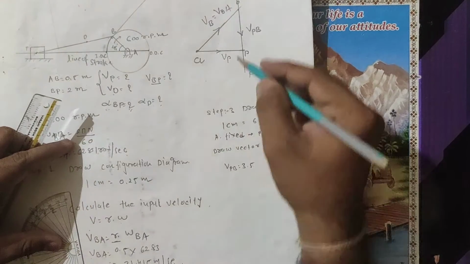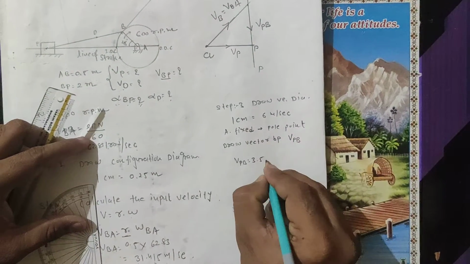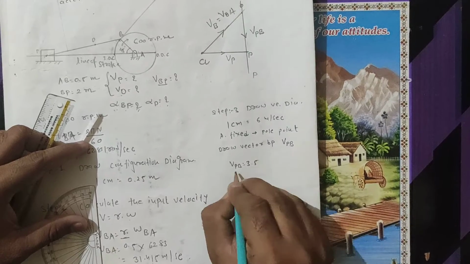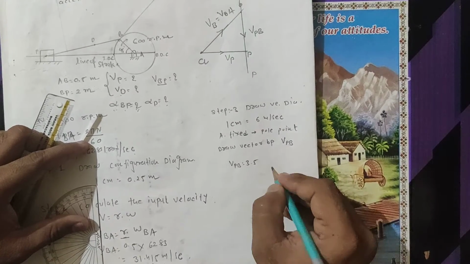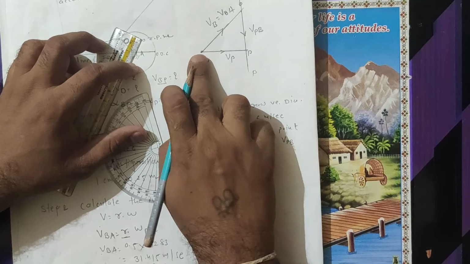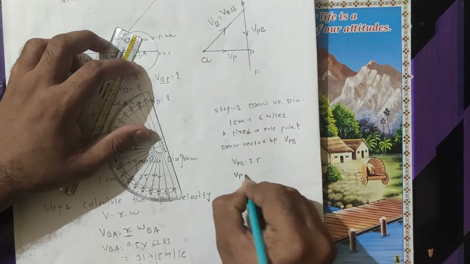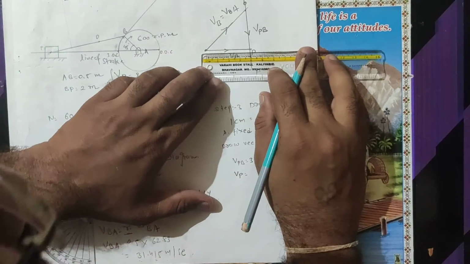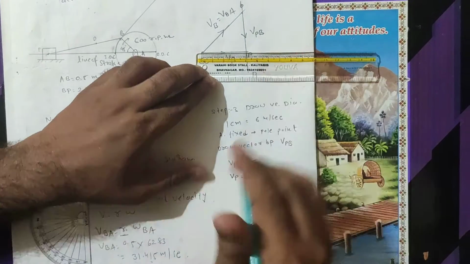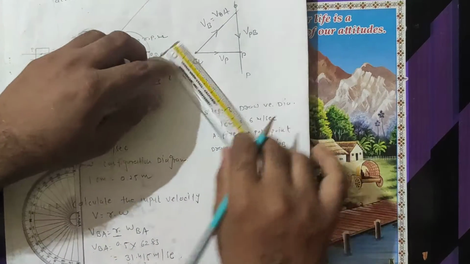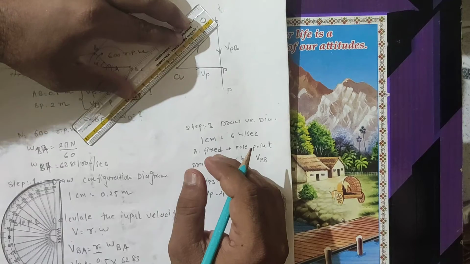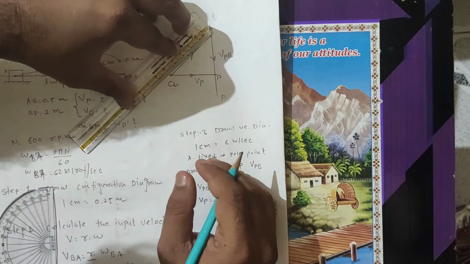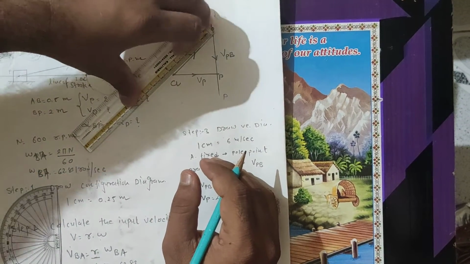Okay, so this we have to measure by this one, and it is multiplied, this is the magnitude of VPB or velocity. Another thing, the velocity of VP, that we have to measure with the scale, is approximately 4, and this is VB. That is approximately VB, that is 5.